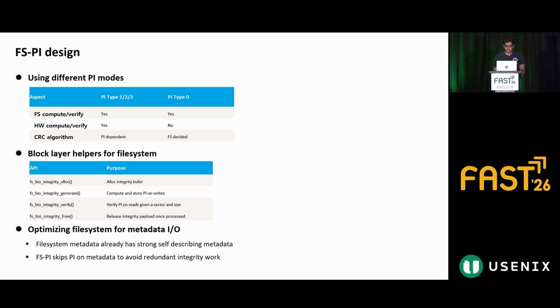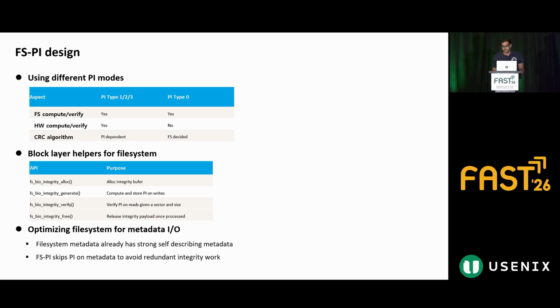So let's discuss a few aspects of the design of FSPI. One of the powerful aspects is how we handle the different PI types. For PI types 1, 2, and 3, where the device will actually verify the PI buffer, both the file system and the device need to compute and verify the PI. The checksum algorithm in this case will be determined by what the device format supports.